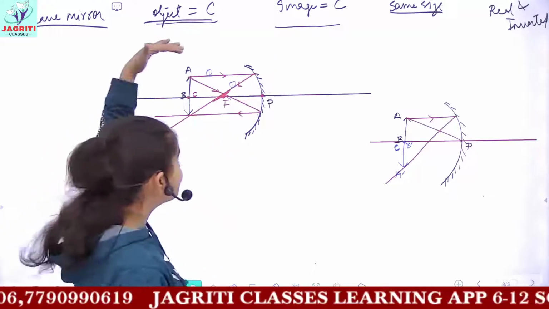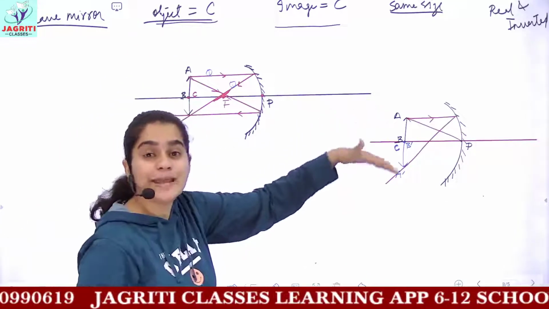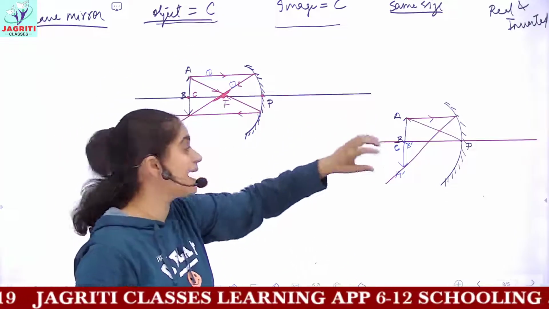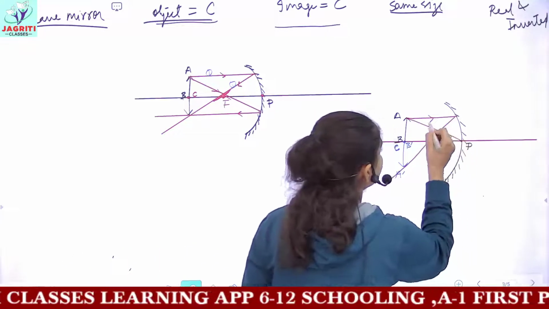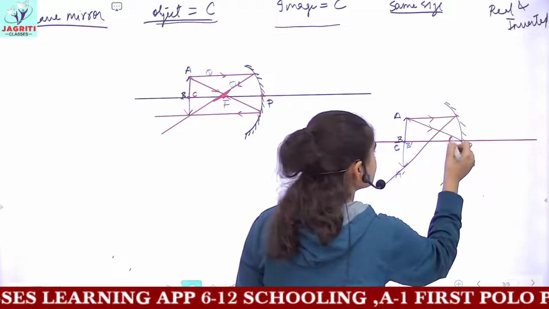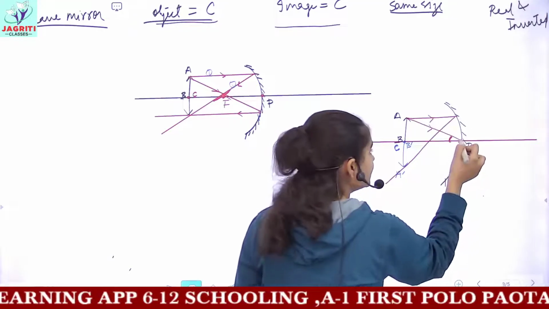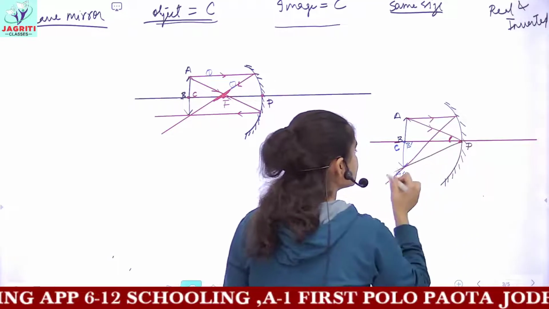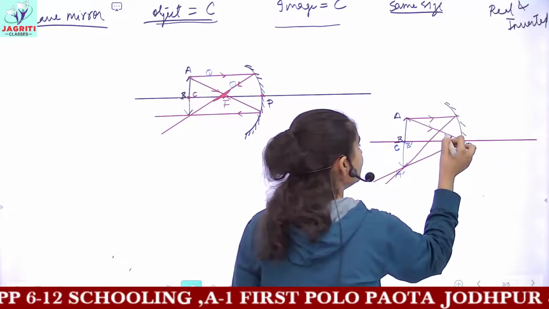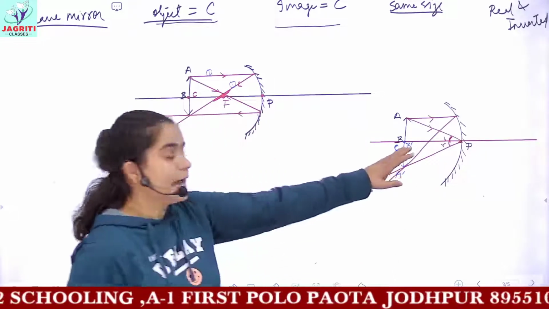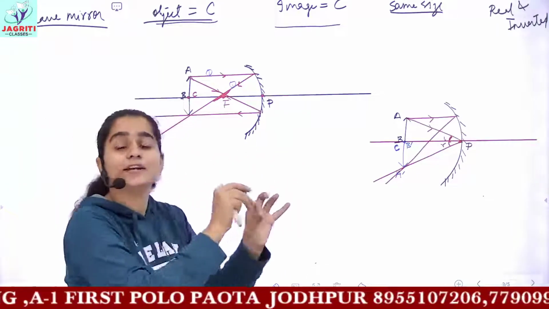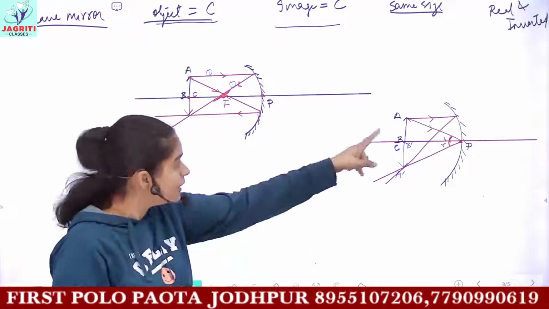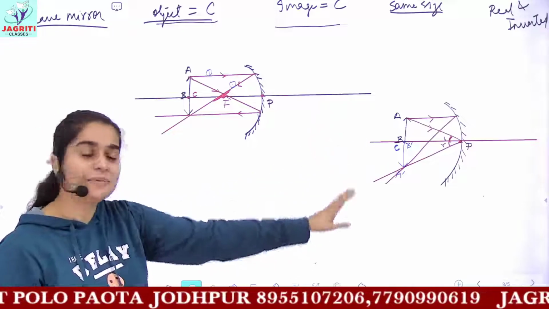When a light ray is incident towards the pole, it makes an equal angle with the principal axis as the angle of incidence. So if this is my angle of incidence, then with a similar angle, this light ray will pass. So this would be angle I, this would be angle R. And see, they are approximately equal. You do not have to measure the angles to be exactly equal. No, they should look equal. They should be approximately equal.